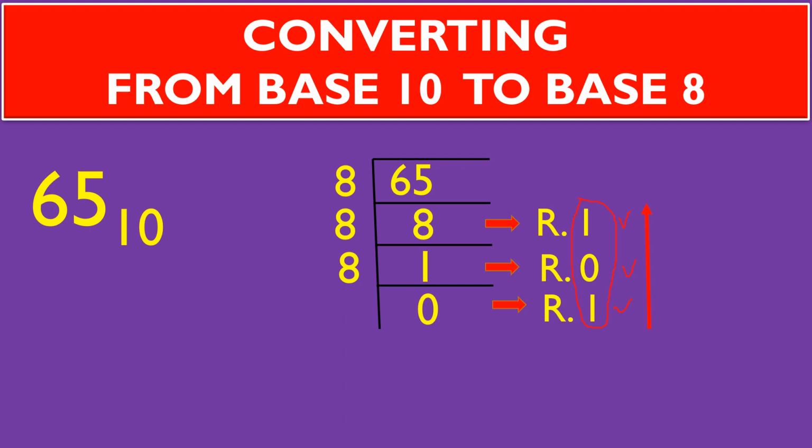So in taking the digits from the bottom to the top, we have 101 in base 8, and that is simply the answer in converting 65 in base 10 to base 8, and that is 101 in base 8.